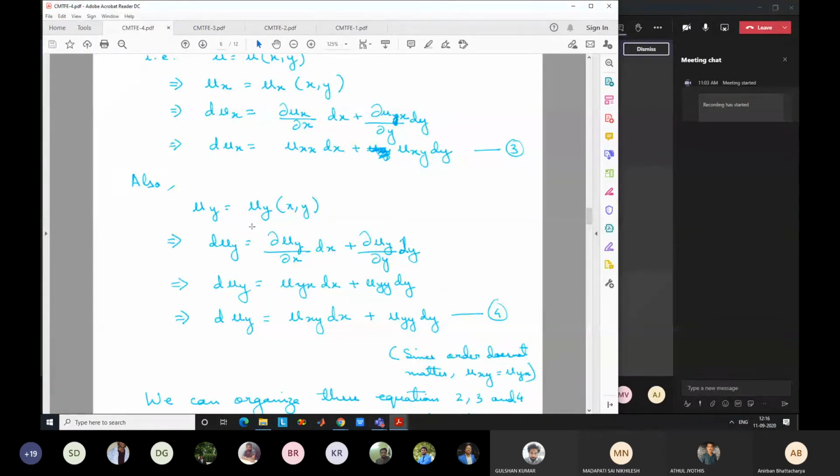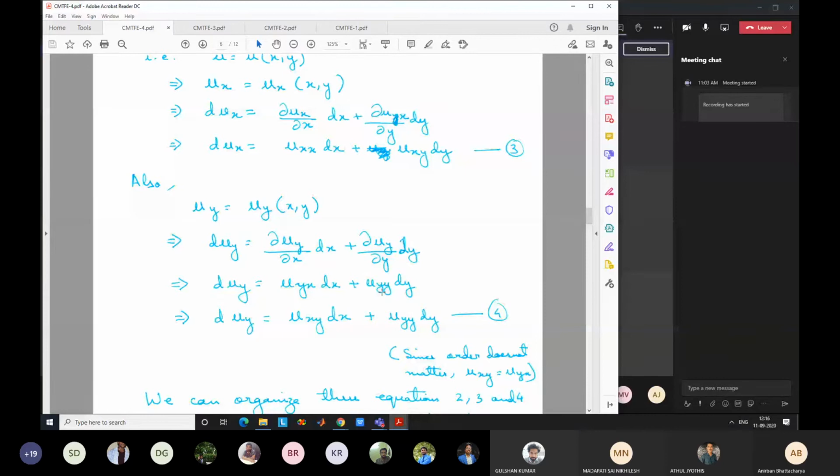Again, we can write it as duy equal to the mixed derivative, del square u del y del x dx plus del square u del y square dy.